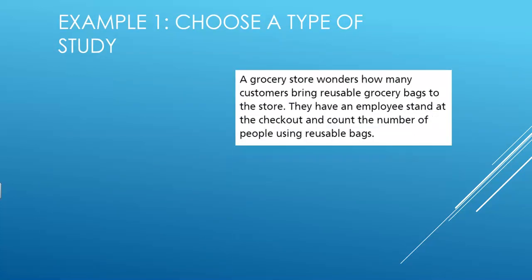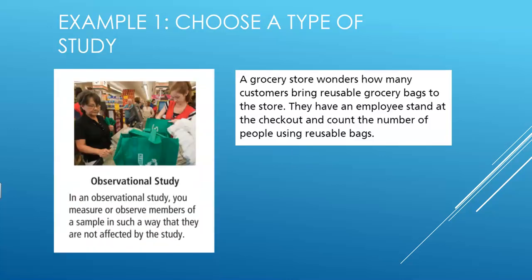Here's another way we could research information. A grocery store wonders how many customers bring reusable bags to the store. They have an employee stand at the checkout and count the number of people using reusable bags. So this would be an observational study.